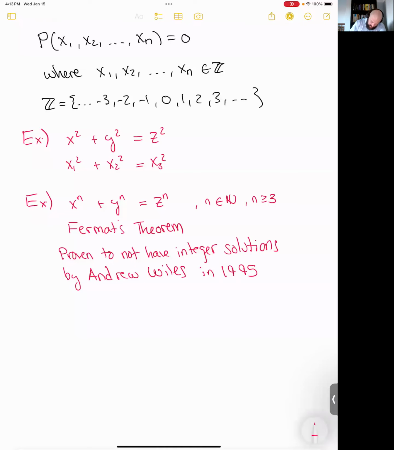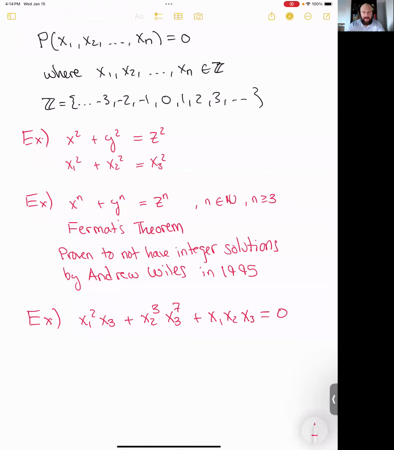Diophantine equations can come in all different forms. And so, for instance, I could take x1 squared times x3 plus x2 cubed times x3 to the 7th plus x1 x2 x3 equals 0. That's an example. And I could use any number of variables that I like, but I can't use infinitely many.